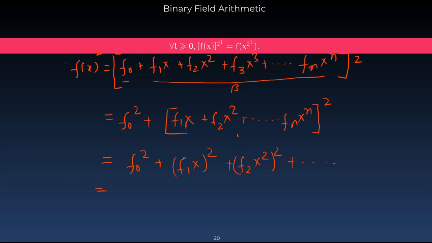You see that f1 can be either 0 or 1, f0 can be either 0 or 1, and 0 square is 0, 1 square is 1. So this is going to be f0, this is going to be f1 x square, this is going to be f2 x to the power 4, all the way up to fn x to the power 2n.